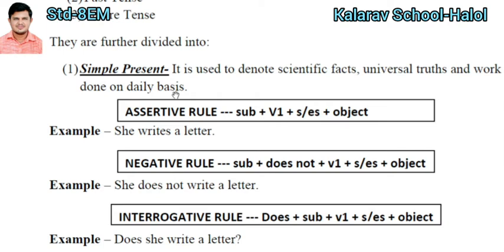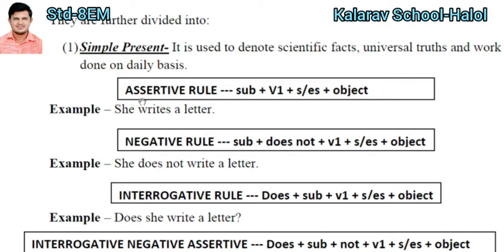Whatever work you are doing on a daily basis, everything is presented in the simple present. Whatever scientific fact is related with science, and universal truth, everything is presented in the simple present tense. According to the types of sentence, the sentence formation in the simple present tense is given here.